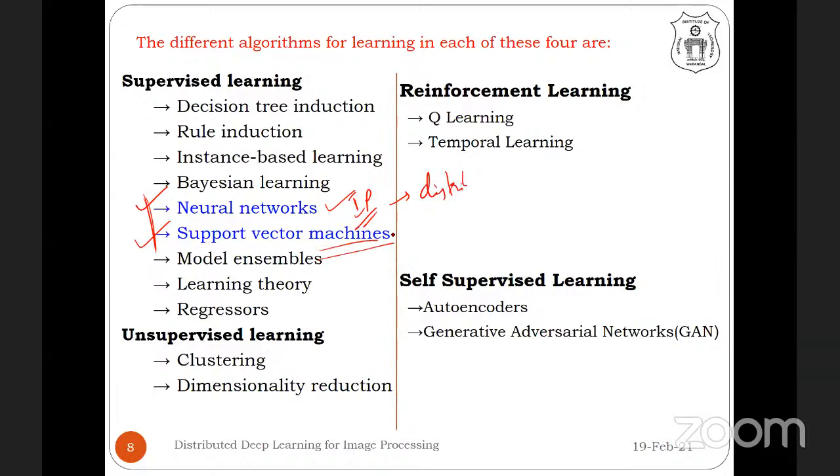We have also worked with support vector machines, but other models for image processing we never tried. Unsupervised, reinforcement, and self-supervised learning we did not work with.